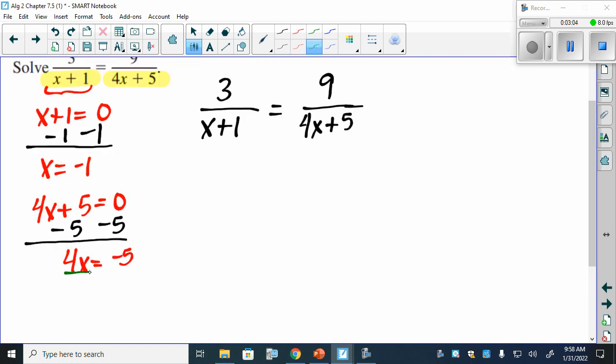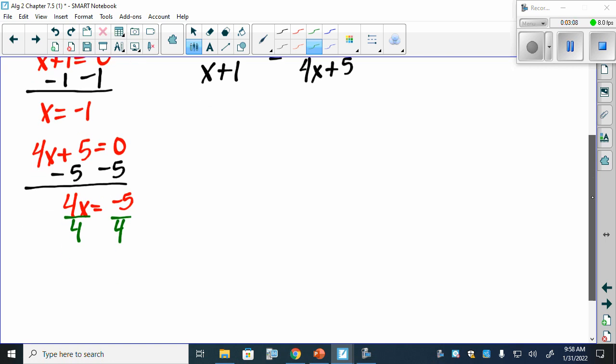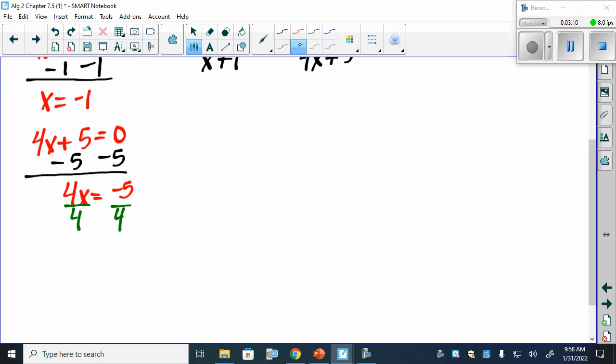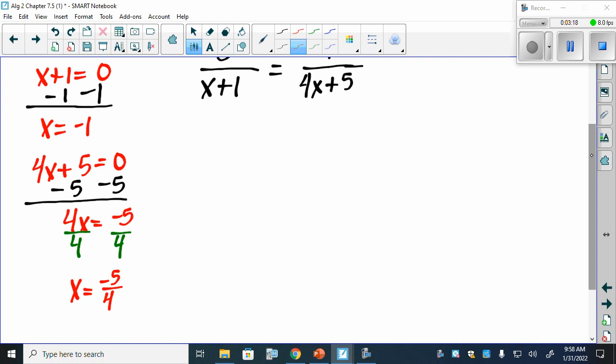And at this point, we can divide both sides by 4, telling us that x is equal to -5 fourths. So if x is equal to -1 or x is equal to -5 fourths, those solutions would not be true because it would give us a denominator of 0. So those would be our extraneous solutions.